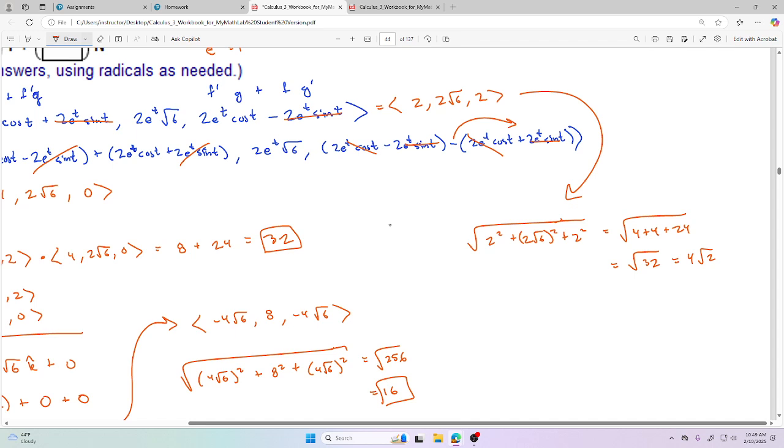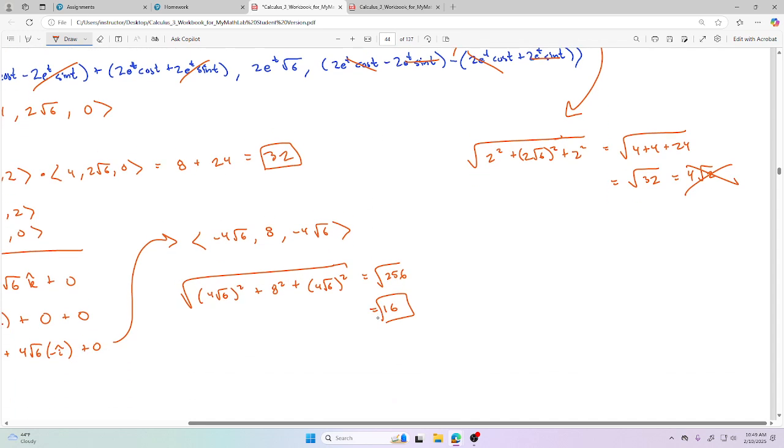Good point! What am I doing? Gross! Yeah, I know, right? Yuck. So there's my last component there. And so AT would be the 32 over the square root of 32, final answer.